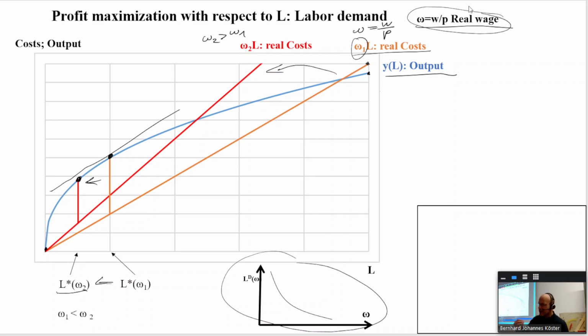That we are right-bended and that the slope of this function, of this blue function, is decreasing.